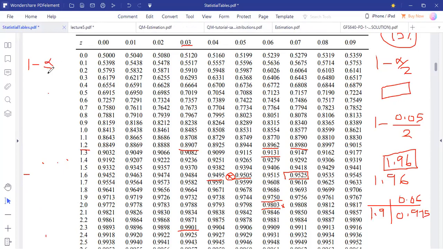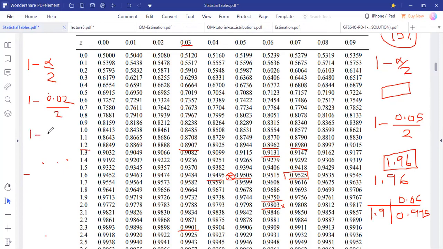At 98%, what is our alpha? 0.02. What do we do? We divide by 2.